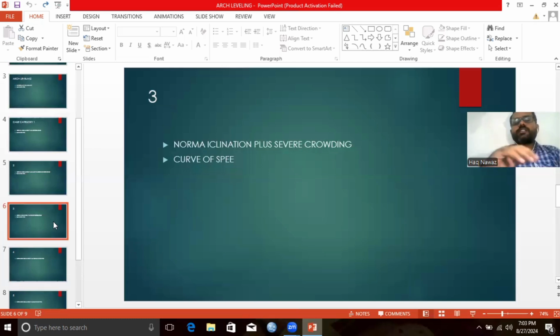So our case category 3 is converted into case category 1, having separate segments aligned with heavy wire placed in it, posterior having lingual arch placed, and a double tube molar band. Now our arch is ready for intrusion, so the intrusion arch will be placed.